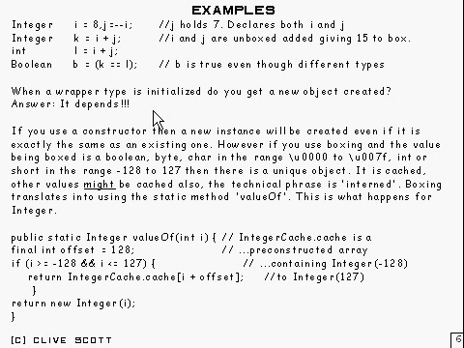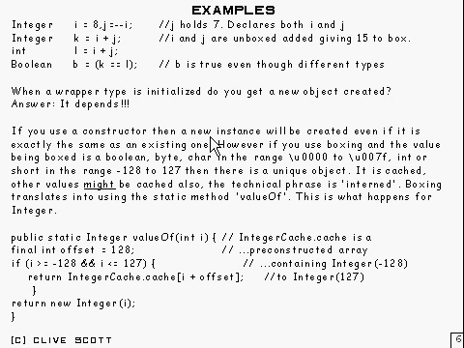When a wrapper class is initialized, the question is, do you get a new object created? And the answer is, it depends. It's not as straightforward as you think, because if you use a constructor, so you do new, then you will get a new instance created, even if it's exactly the same as an existing one.